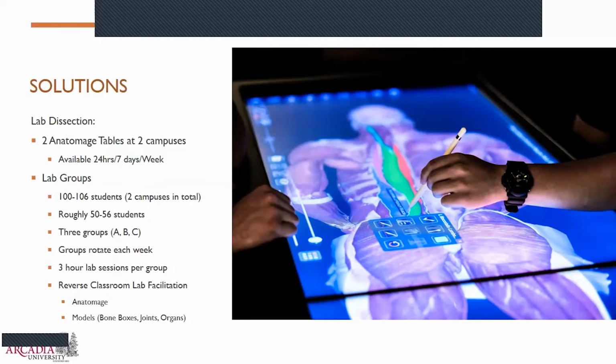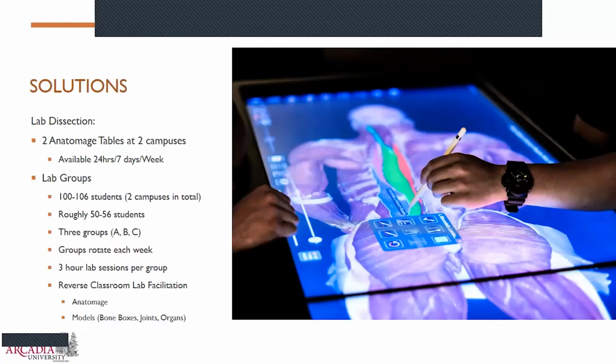And so our university purchased basically 4 Anatomage tables. 2 of them were going to reside at each of the campuses. And we provided our students with 24/7 access to the tables so that they could asynchronously learn and have some guided direction via myself and some of the other faculty that were involved.